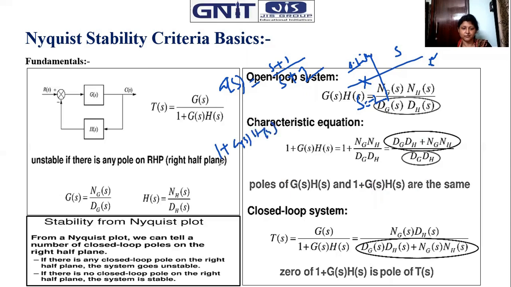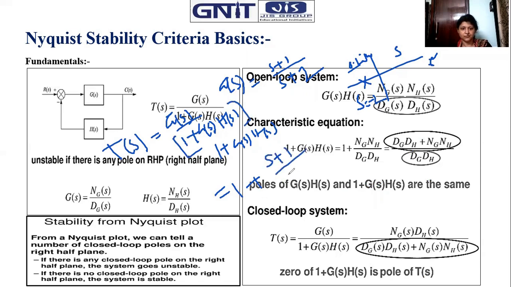So the roots of the characteristics equation, a very important concept, are nothing but the closed loop pole positions. From the open loop pole positions, declared by G(s) in the polynomial, if you modify it with 1 plus G(s)H(s), that represents the characteristics equation.